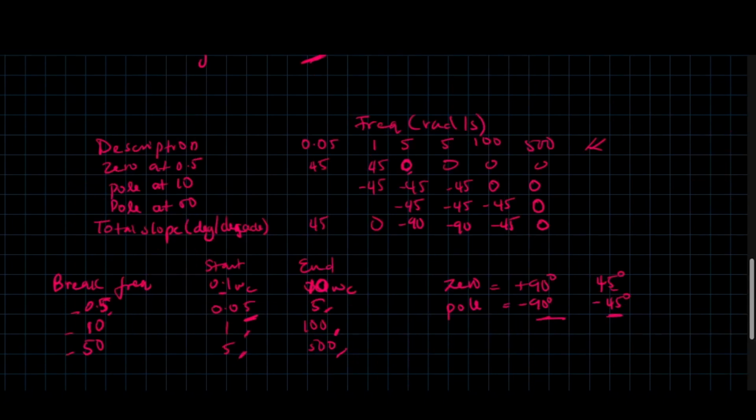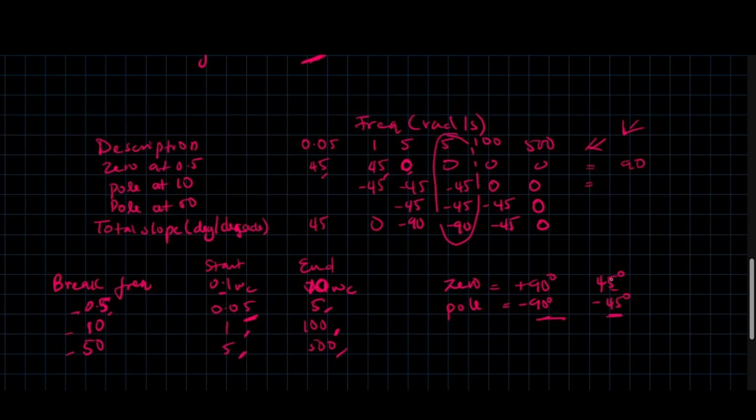Now I'm going to be drawing a similar plot for this phase equation. But first we want to find out the pole at the origin, the degree that it contributes for all frequencies. Let me just explain. 45 plus 45 is what? 90. Minus 45 minus 45. One thing you don't want to do is actually to include this particular one in your addition.